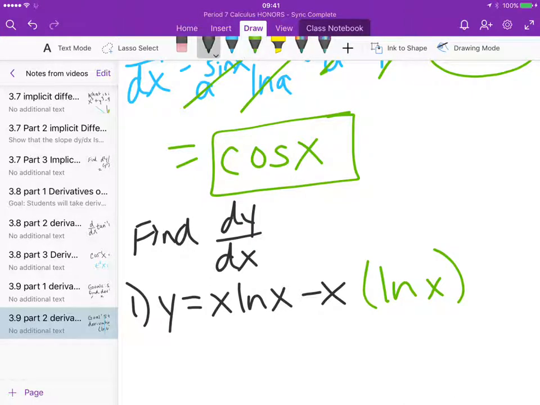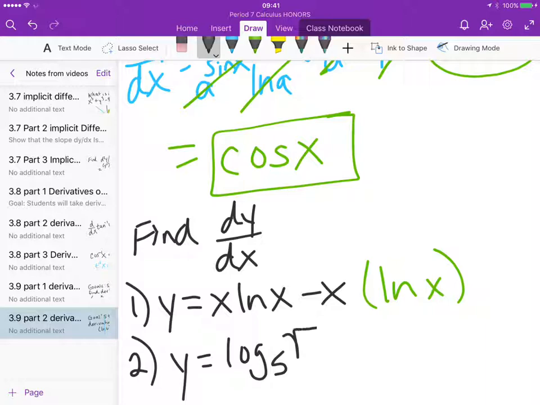And then the second one that I want you guys to give a shot is y equals the log with a base 5 of the square root of x. And your answer for this one is going to be 1 over 2x times the natural log of 5.